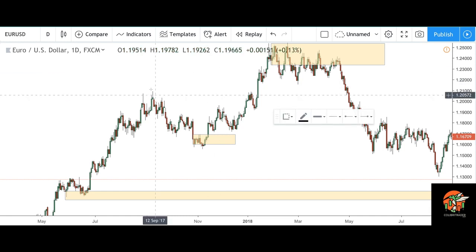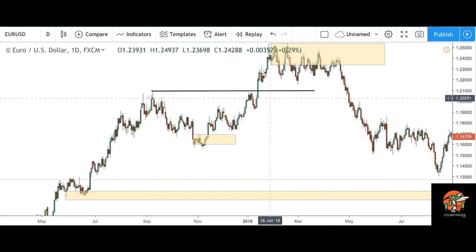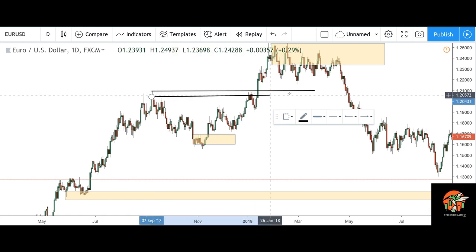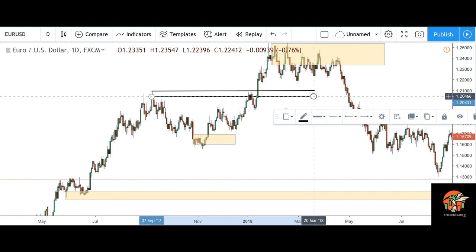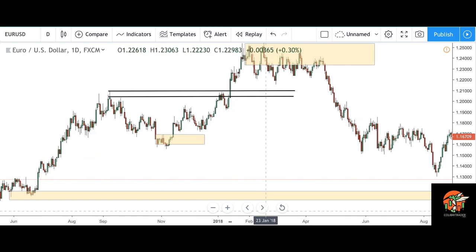So the most realistic targets, or rather the closest resistance area, is pretty much this high here, and the close of the green candle. So this is a small trading range, if you wish, and this will be somewhere here, our initial target.